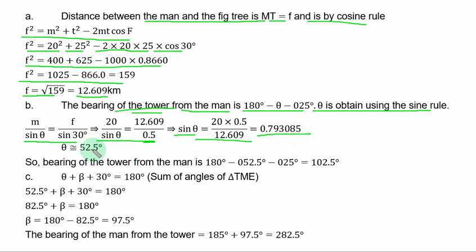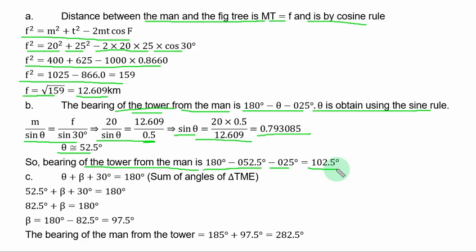When you do that, you have theta to be approximately equal to 52.5 degrees. So bearing of the tower from the man is 180 degrees minus 52.5 degrees minus 25 degrees, and that is 102.5 degrees. The bearing of the man from the tower, as I said earlier, is 180 degrees plus beta.